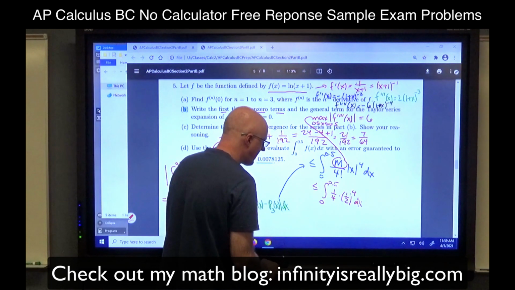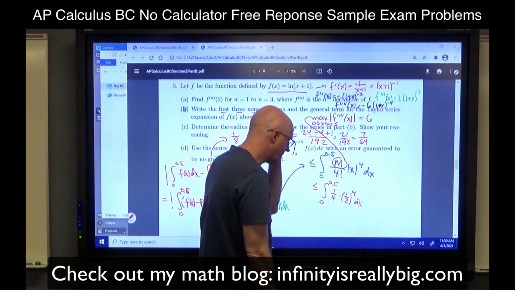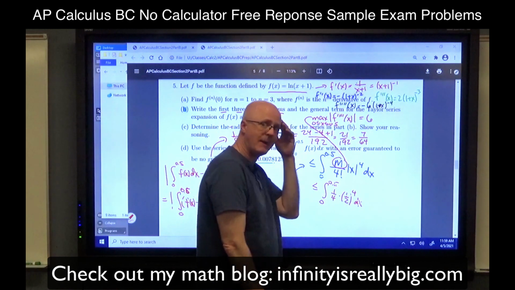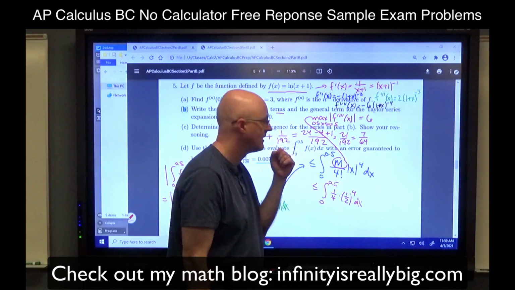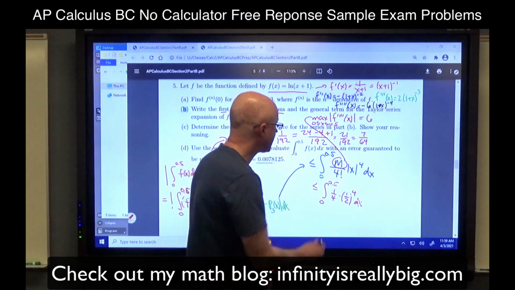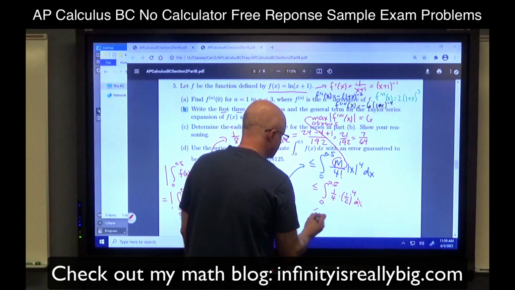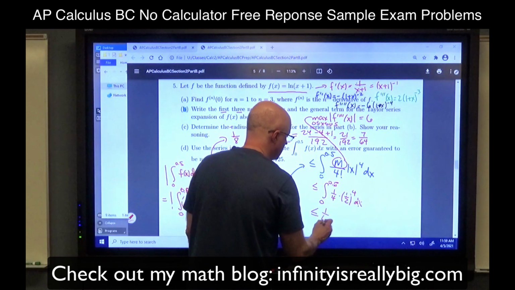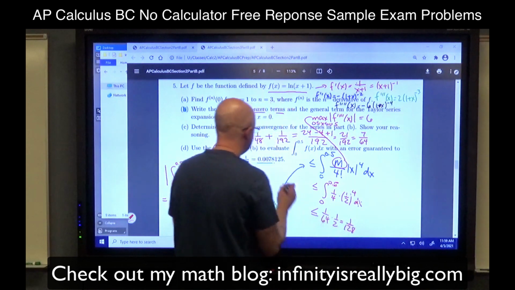Almost done. And that's a constant. In fact, it's 1 over 2 to the 6th power, 1 over 64, over an interval that's a half unit long. This is less than or equal to 1 over 64 times 1/2, which is 1 over 128. Yay.